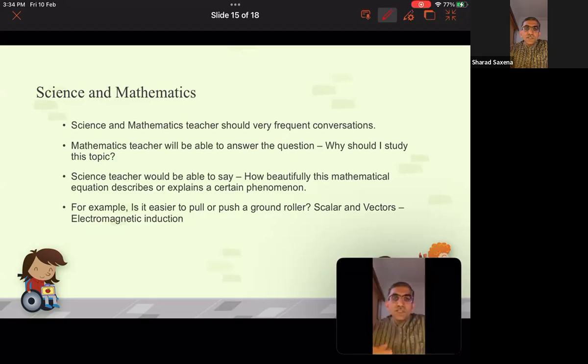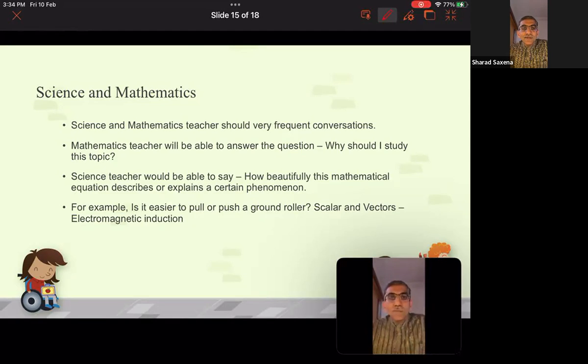The mathematics teacher teaches about scalars and vectors. Why should I have those caps on the characters and multiply those and it gives me something? It becomes so very esoteric for a mathematics class student. Why should I study vectors?